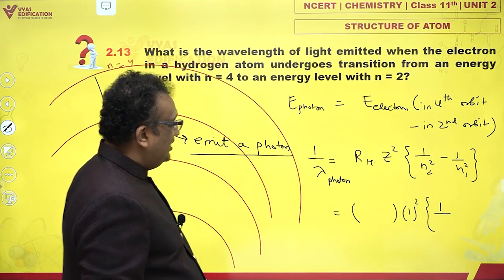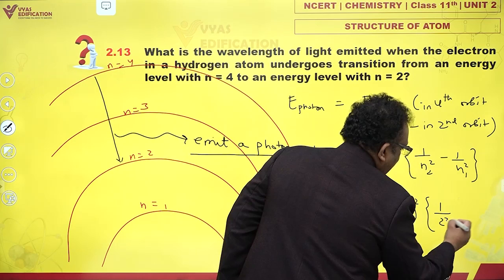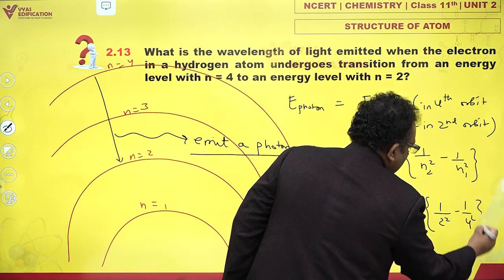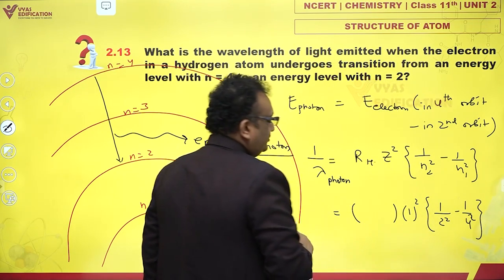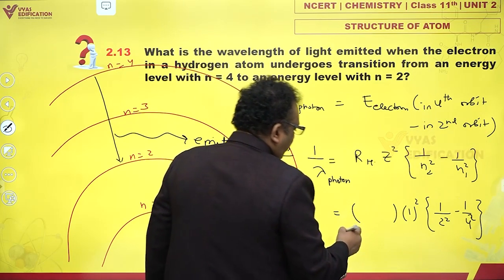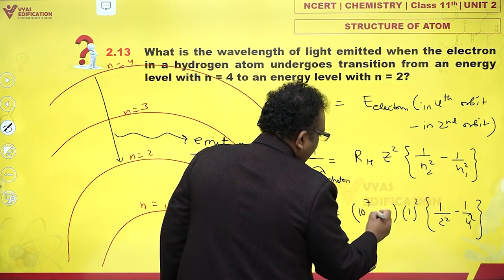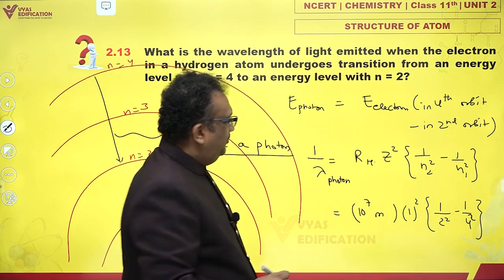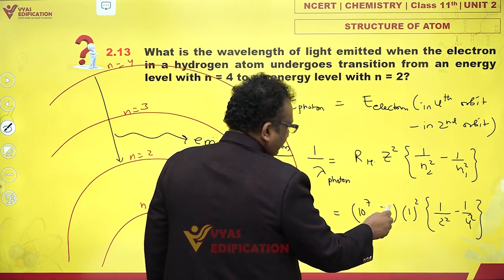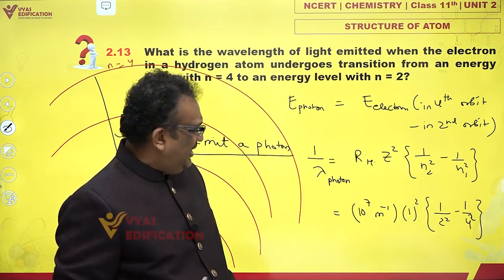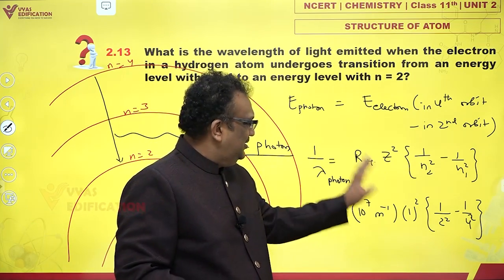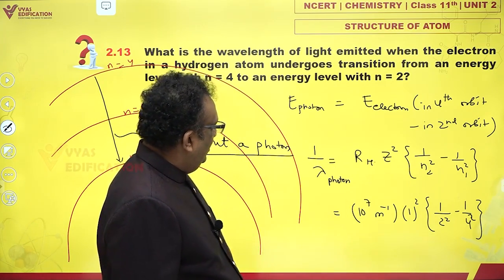1 upon n2 square, where it has jumped to 2. So, 1 upon 2 square minus 1 upon 4 square, as it has come from n equal to 4. Rydberg's constant is approximately 10 raised to 7 per meter. Approximately. Actually it is 1.097 something, but roughly this. Can I solve this?